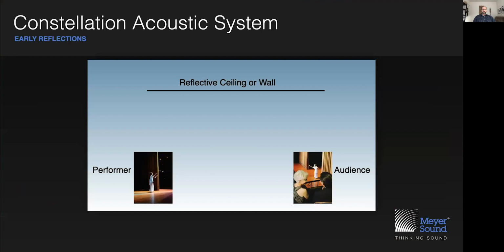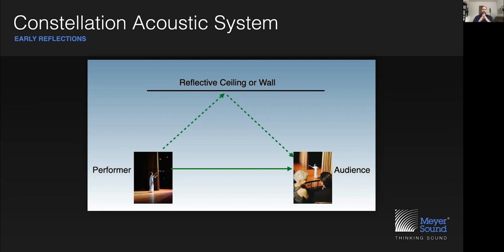Well, here we see an example of how reflections behave in a room physically without Constellation. So on the left-hand side, we have a performer on stage. On the right, we have an audience. So as the performer is singing, their voice is going to travel through the air and go straight to the ears of the listeners. But also, you're going to have these reflections, and you're going to be reflecting off the walls, obviously off the ceiling as well. And those are what we call early reflections.